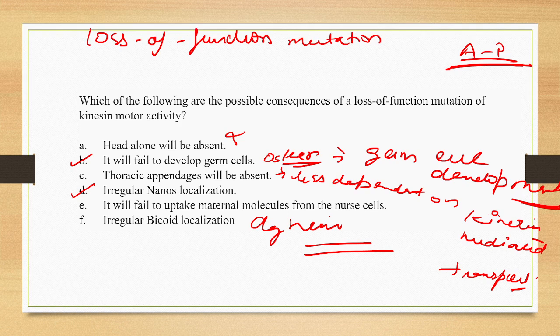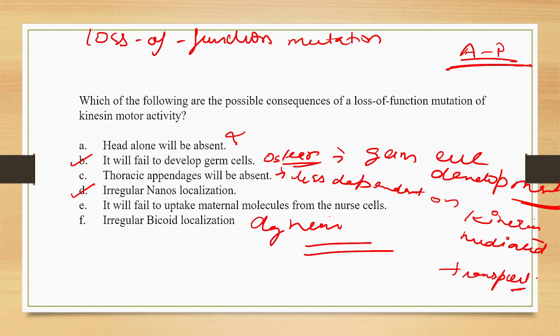But when we talk about the nurse cell, mostly you have maternal genes, and even if there are other genes present in the nurse cell, the movement of molecules from the nurse cell is not dependent upon the motor proteins.